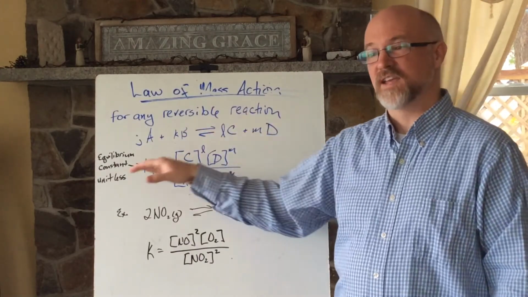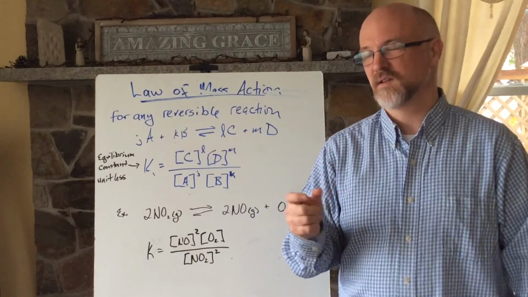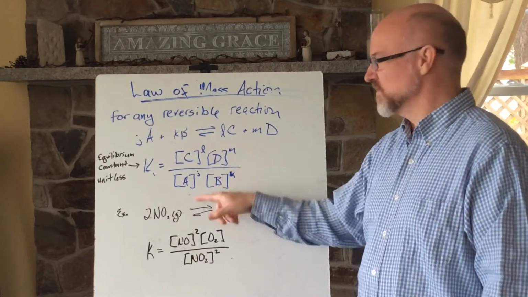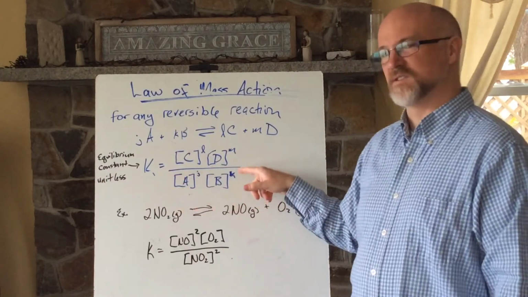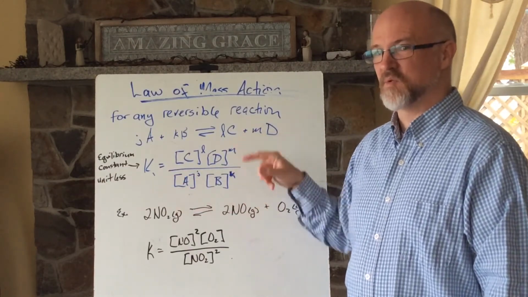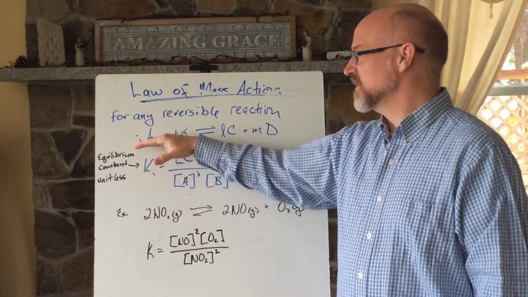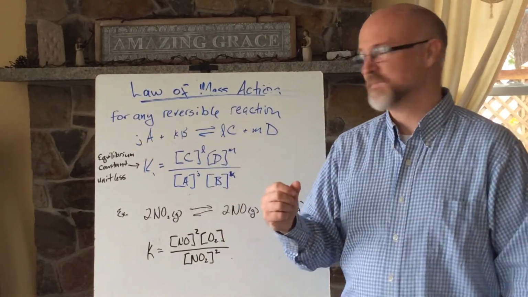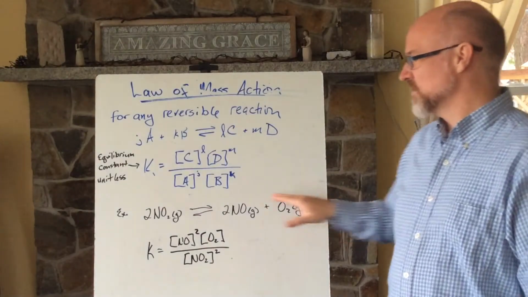If, however, the K value is small, meaning it's less than 1, then that means that the denominator is bigger. There's more reactant present at equilibrium than product, which means that the equilibrium lies to the left, or it is reactant favored. Okay?